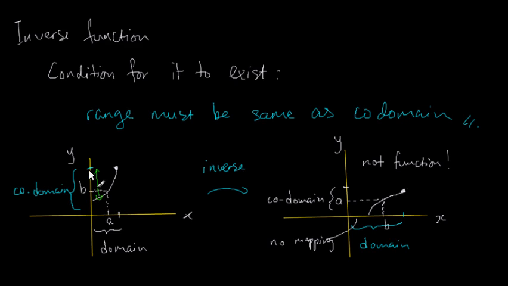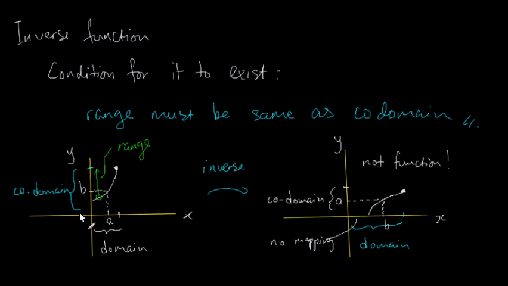Then it's wider than the actual values of this mapping, the actual values given by this function. So that's my range.